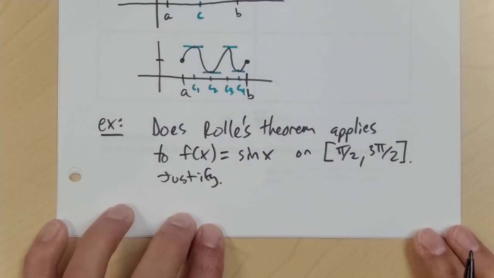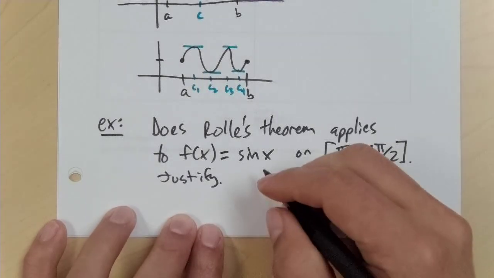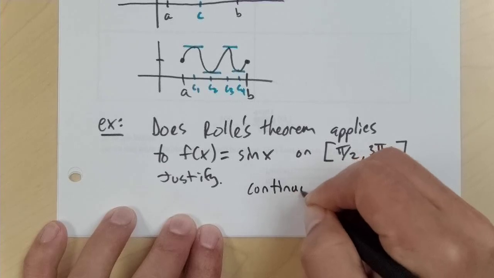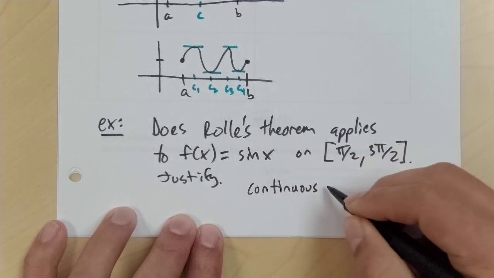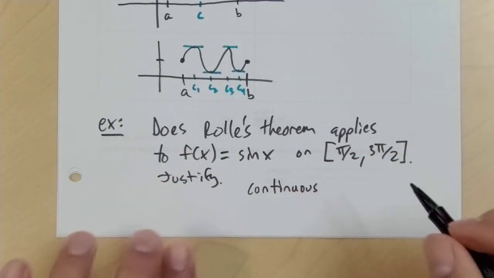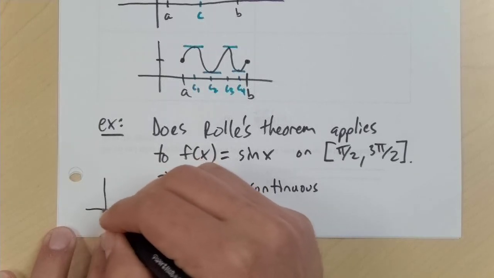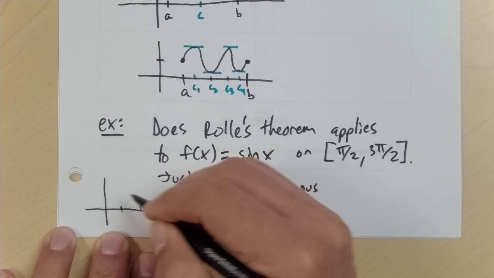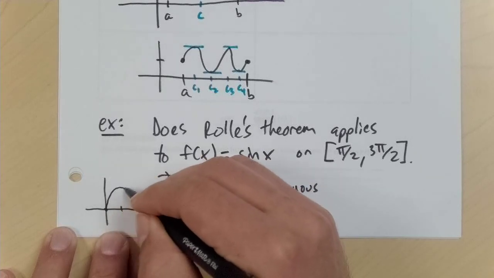All right, so first we got to check the conditions. The conditions are, first, is this a continuous function? Sine of x, we know what sine of x looks like. Let's draw a little picture. Here's one period of sine of x, right?